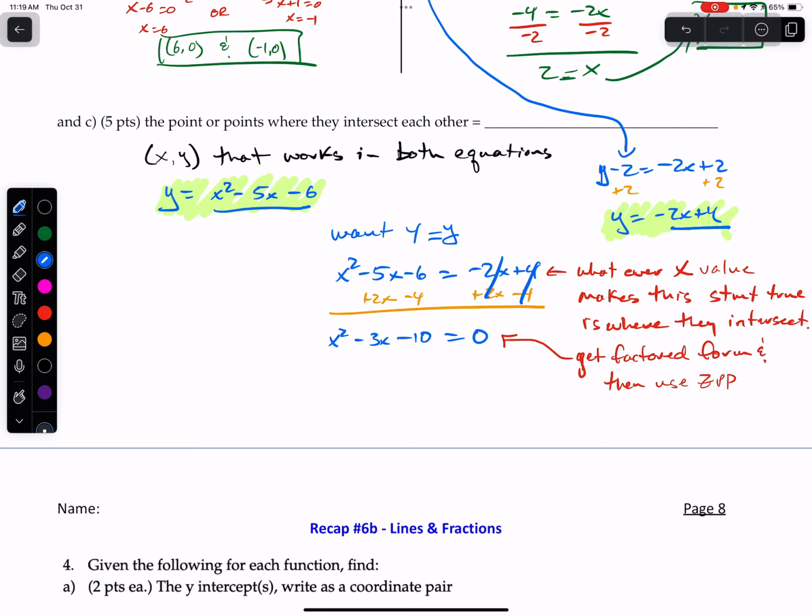So factored form here is x minus 5 times x plus 2, which means that either x minus 5 equals 0, so x equals 5, or x plus 2 equals 0, so x equals negative 2.